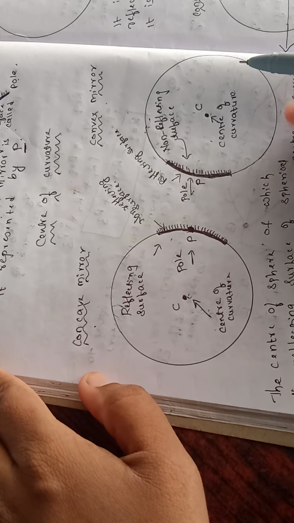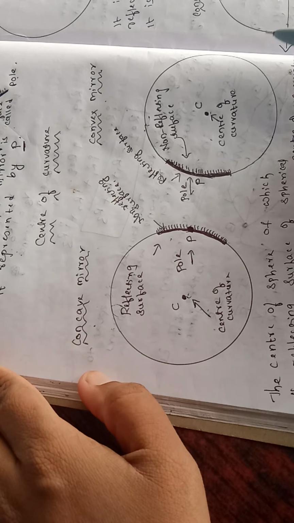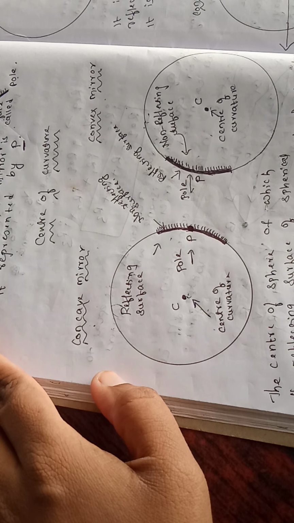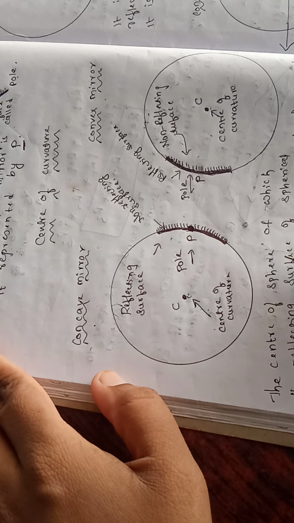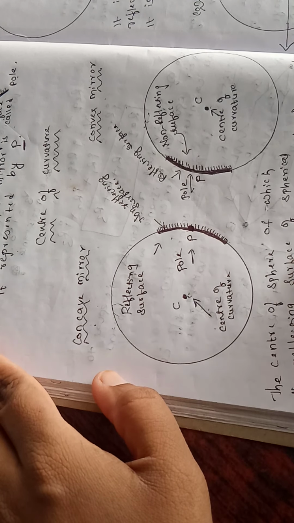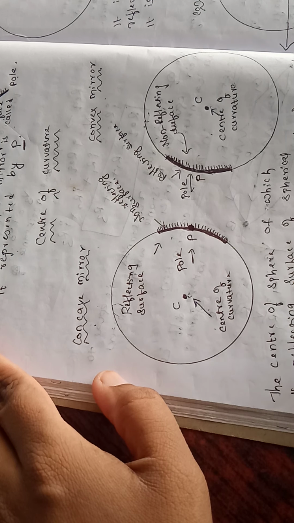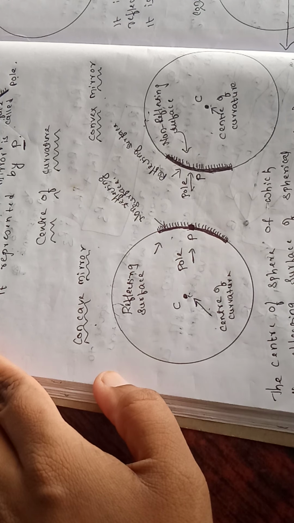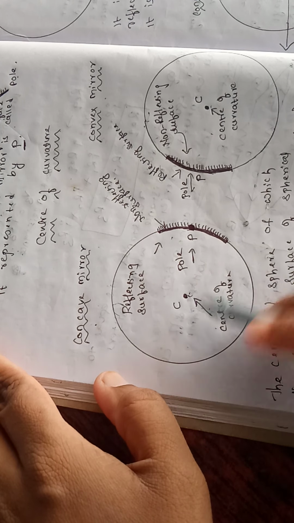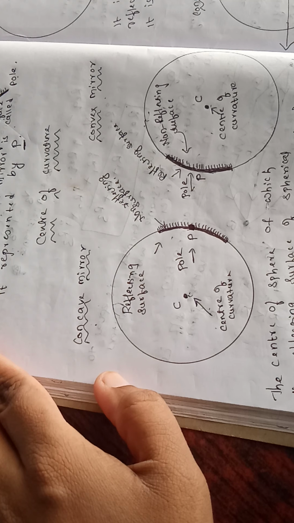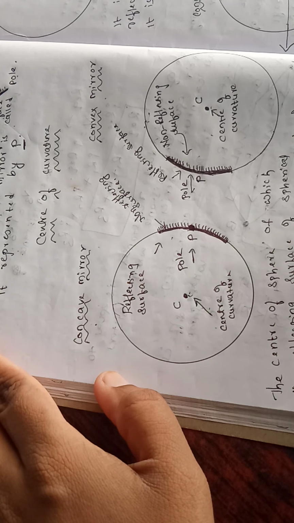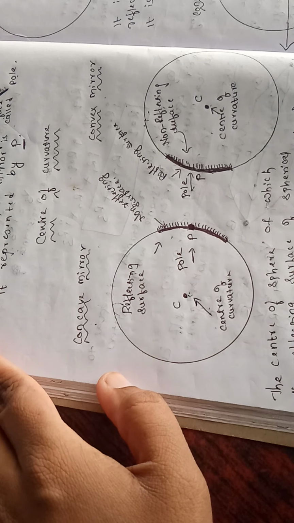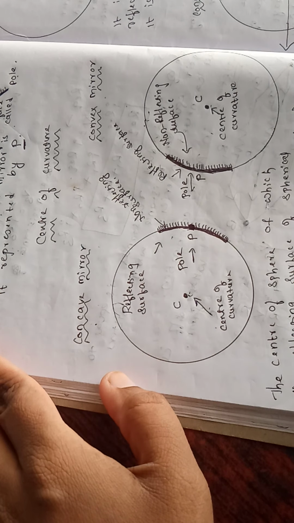So that center of a sphere we call the center of curvature. Okay, the center of the sphere of which the reflecting surface of a spherical mirror is a part is known as the center of curvature. It is represented by the letter C. Actually the center of curvature is not a part of the mirror, right? So it lies outside the reflecting surface.